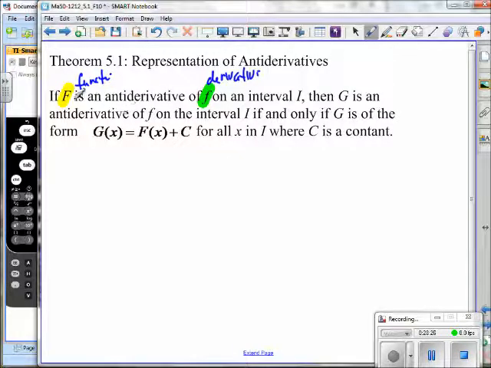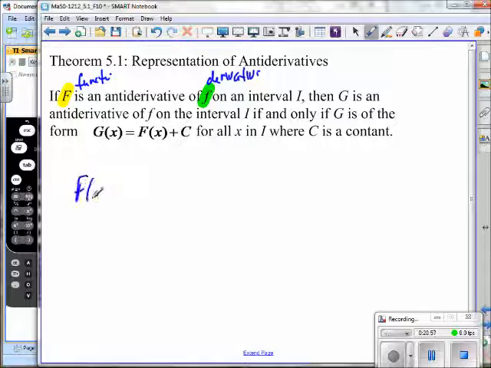So we have that F is an antiderivative, and now we're saying G is an antiderivative also. In other words, we have two functions that have the same derivative. That's what this is saying. If F is a function whose derivative is lowercase f, and G is an antiderivative of f also, that's true if and only if the second one is equal to the first one plus a constant. There's that constant.